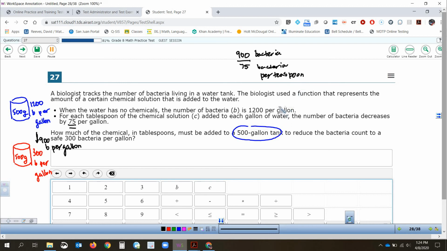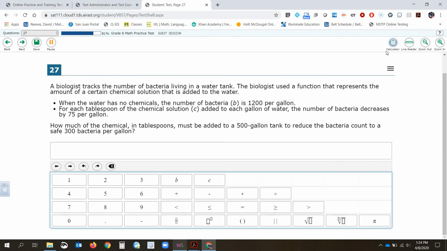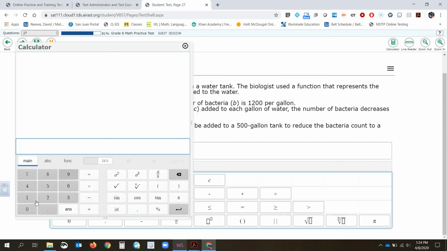That will tell us how many teaspoons we need to reduce 900 bacteria. And again, remember, this is per gallon, right? All right, so I'm going to go ahead and go to my calculator, and I'm going to do 900 divided by 75. And what do I get? I get 12.